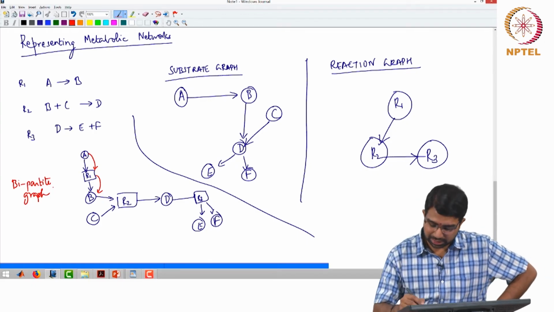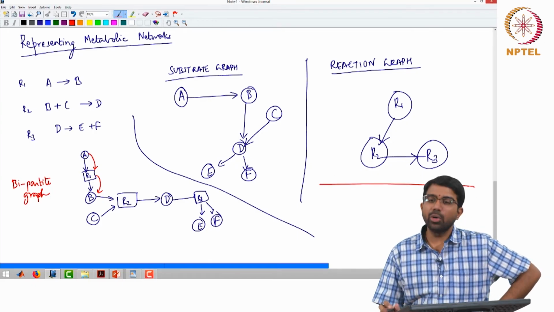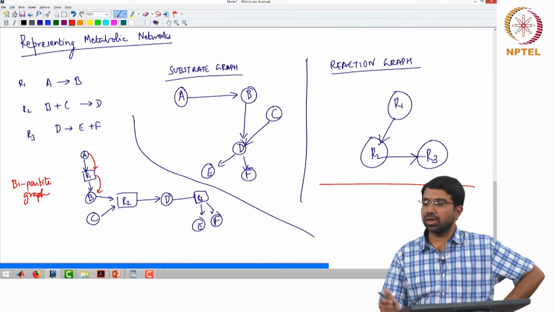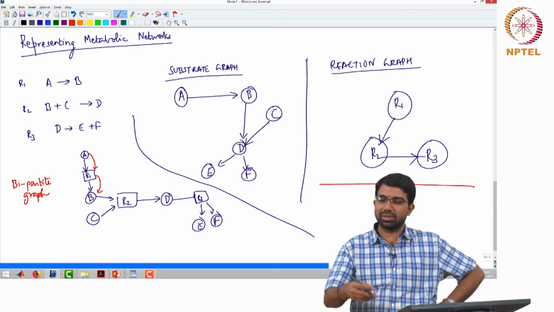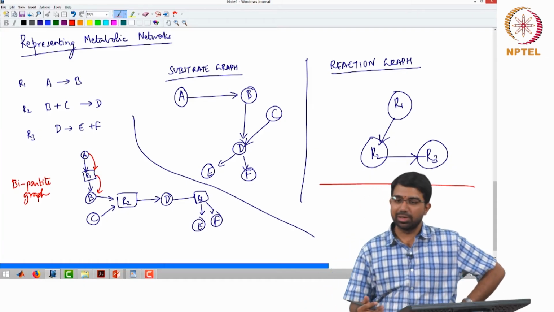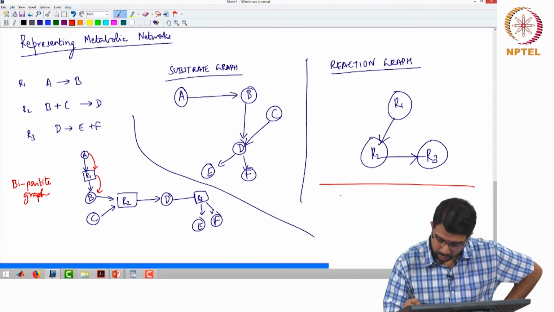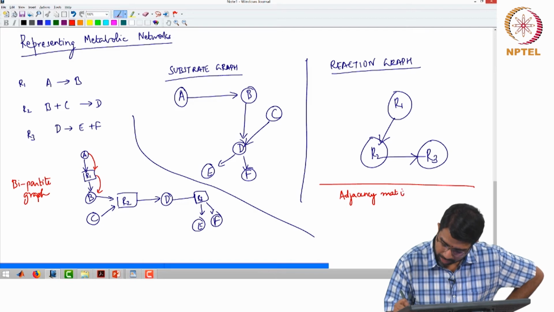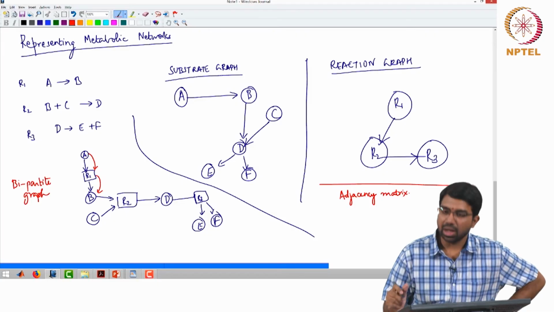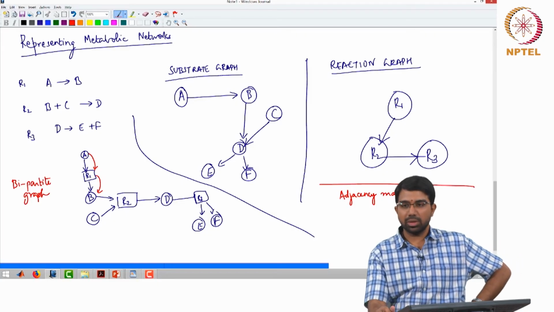This also, as a quick aside, how do you represent these graphs? You finally need to represent them on a computer. We will look at it much more closely in the next lab session, where we will have an intro to MATLAB, but we usually use something known as an adjacency matrix. What is an adjacency matrix?